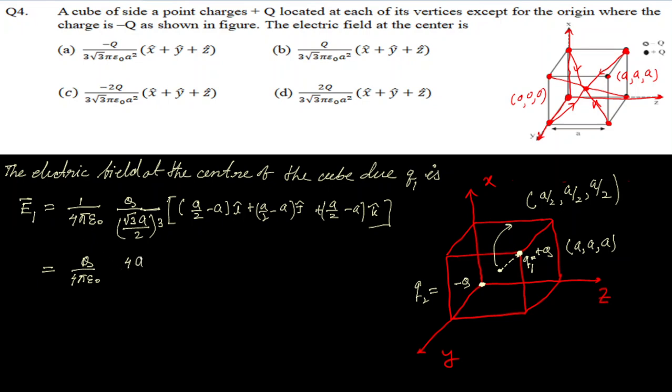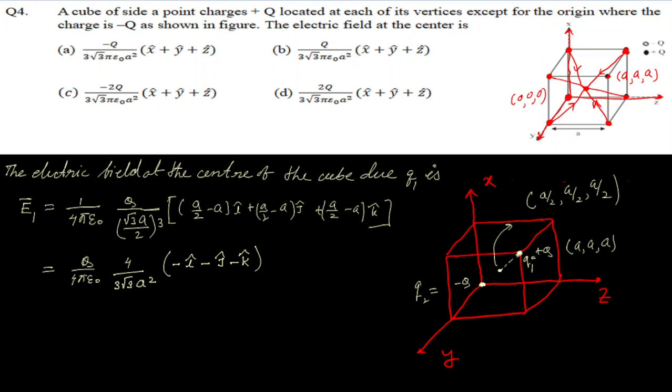Now a will cancel out, so we can write 4 divided by 3 into root 3 into a square, and in the bracket we'll get minus i cap, minus j cap, and minus k cap. So this will be the value of E1.